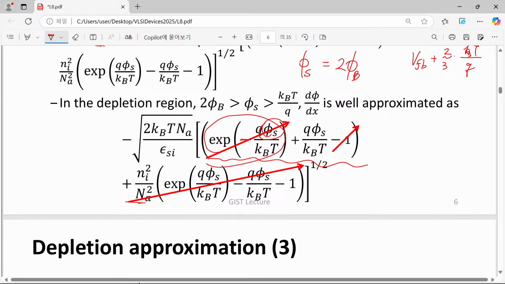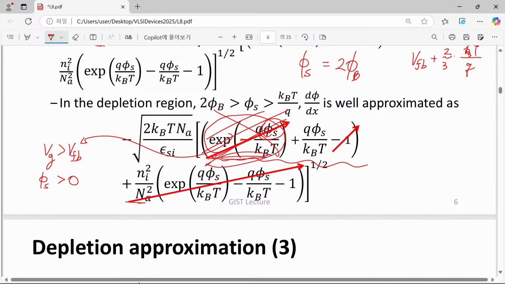So the minus exponential function rapidly approaches 0, so we can neglect it. Why is it neglected? Because we have assumed that gate voltage is higher than flat band. In other words, our surface potential is a positive number, so we can neglect it.